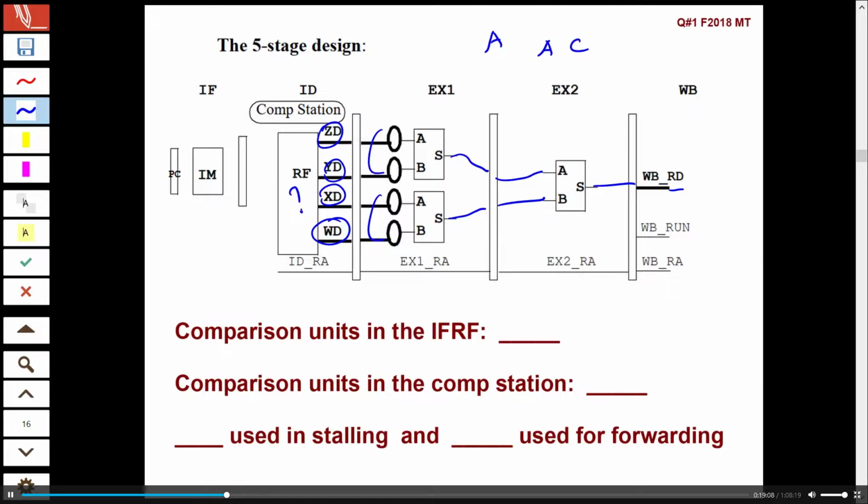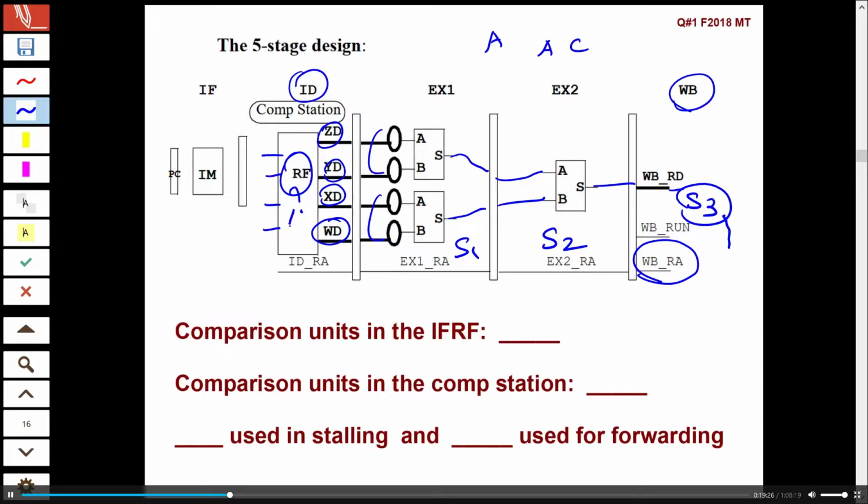Okay, so comparison units. How many comparison units? The ID stage RF will be written by the W stage senior. That would be senior 3. So senior 3's write register ID will be compared with the sources of the 4. So there are 4 comparisons here.